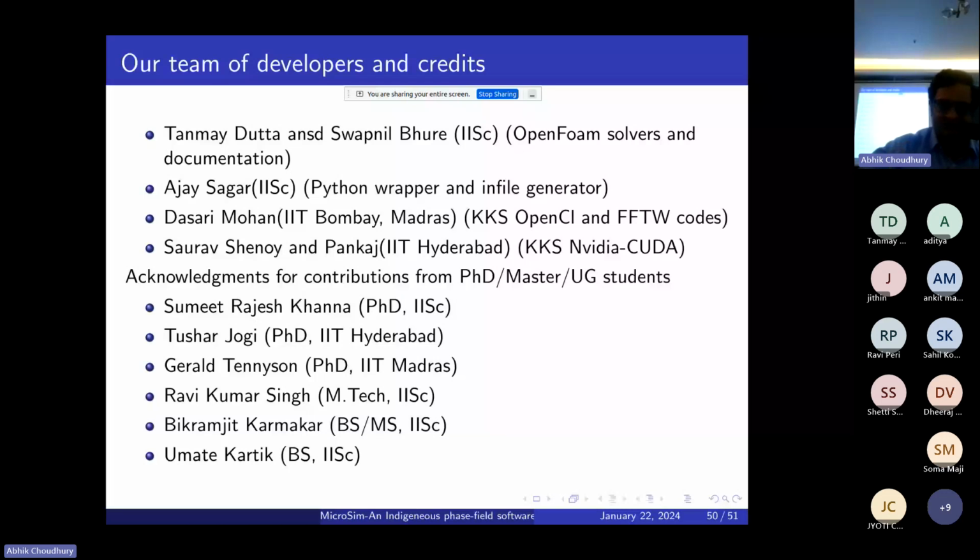The developments that have happened incrementally have been integrated in this framework, and that's how this has culminated into this particular software. So this will continue to happen as we go along, adding more and more capabilities.